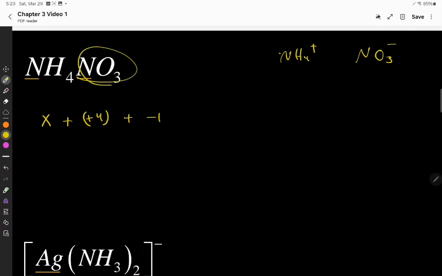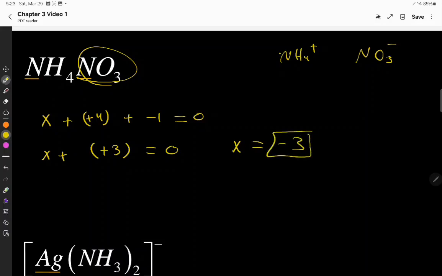So all of this group NO3 equals negative 1, and the total equals 0. This is a neutral compound. So X plus 4 plus negative 1, that will be positive 3, equals 0. So X equals negative 3. The first N here is negative 3.